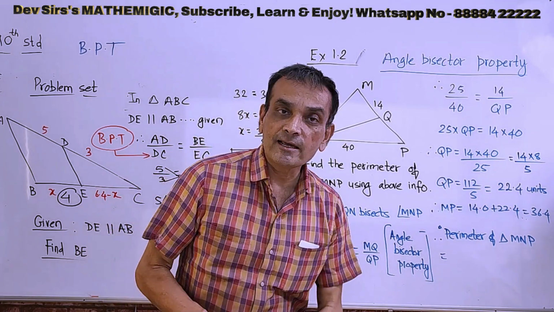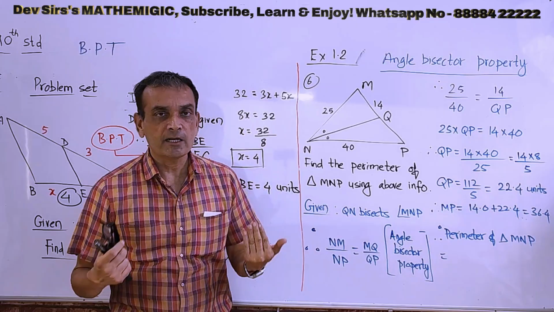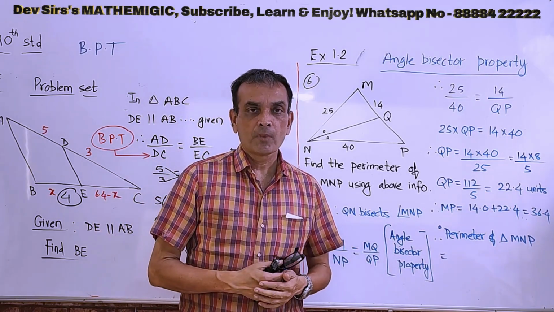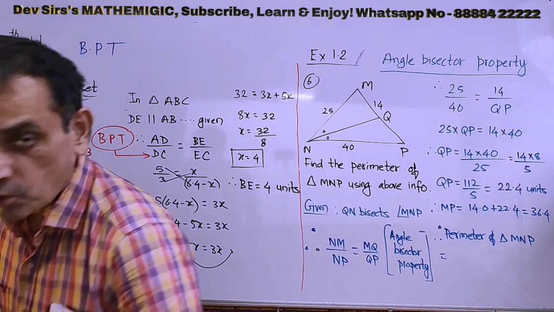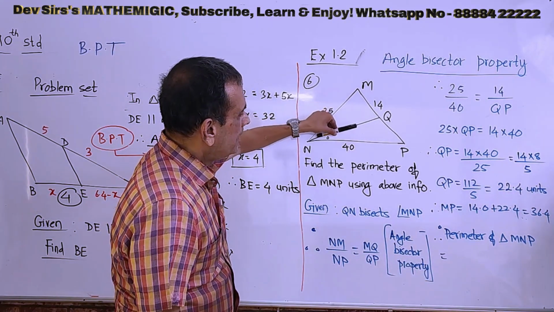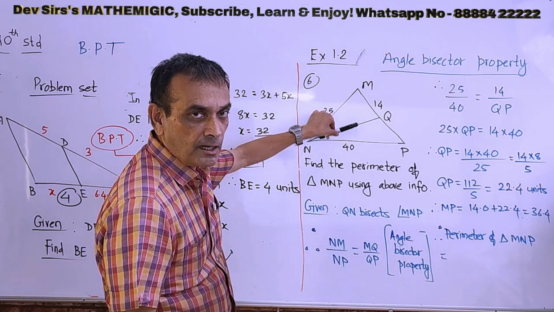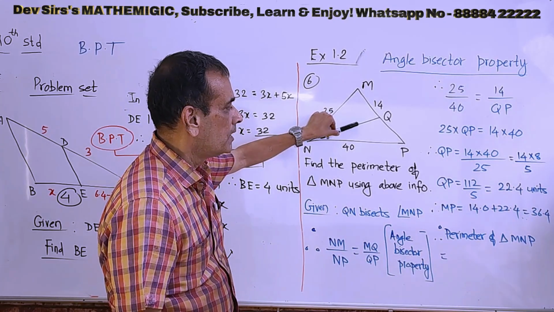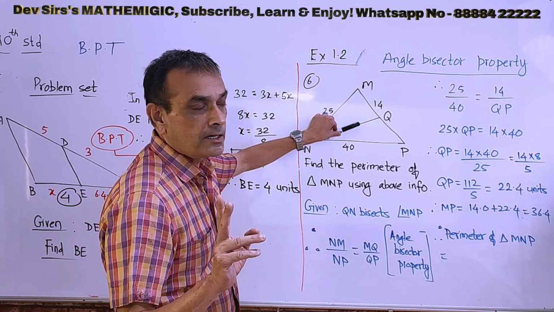If NQ is the angle bisector in any triangle, you have to use angle bisector property. How do you use that? Okay, let us see. उस दिन देखा था, वापस बताता हूँ. NQ is the angle bisector, so I am keeping a pen on NQ. पहले दो रेशियोज कौन से लेने हैं?